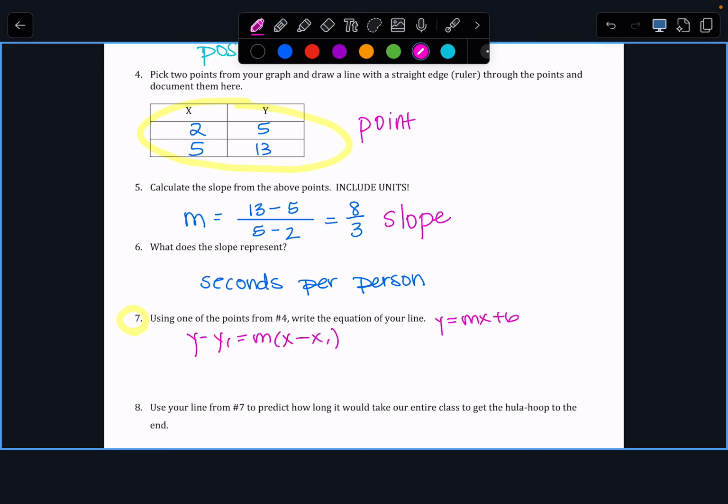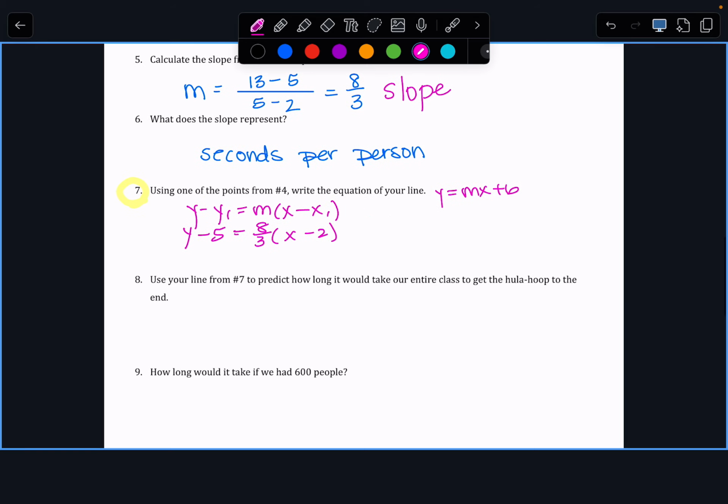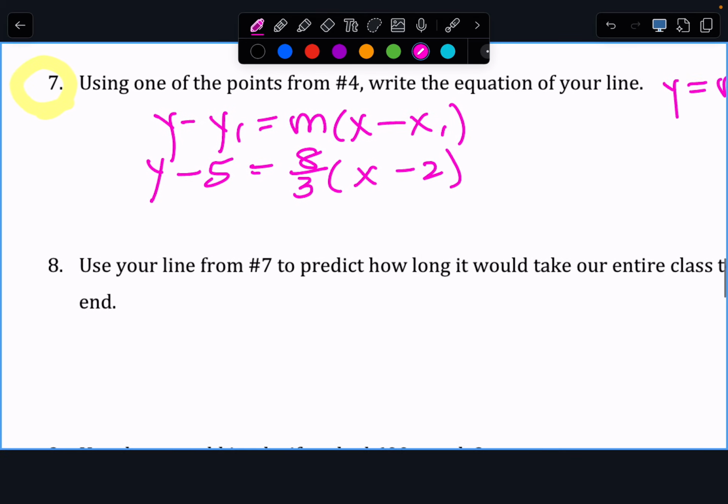Is it a little bit messy? Yeah. Raise your hand if you're using the point (2, 5). Raise your hand if you're using the point (5, 13). Okay. So y minus 5 equals 8/3 times x minus 2. Real life is messy, people. It's okay.